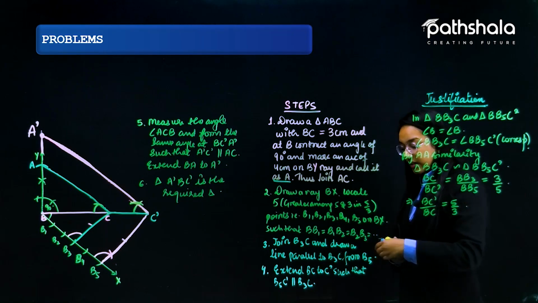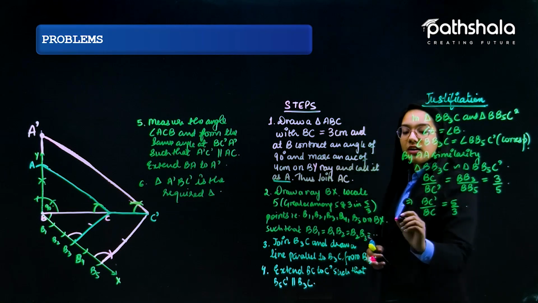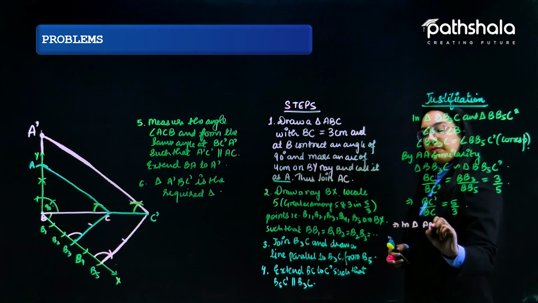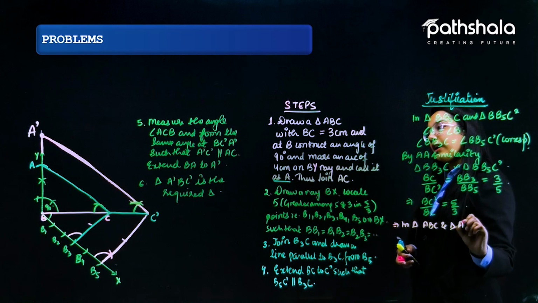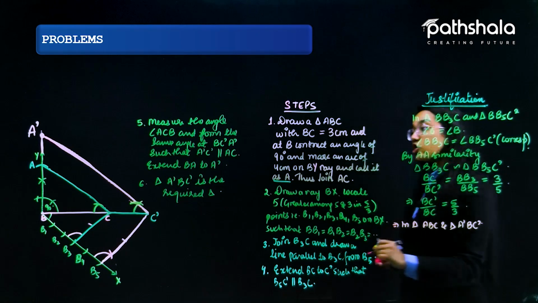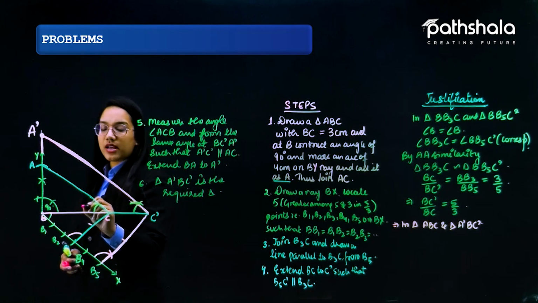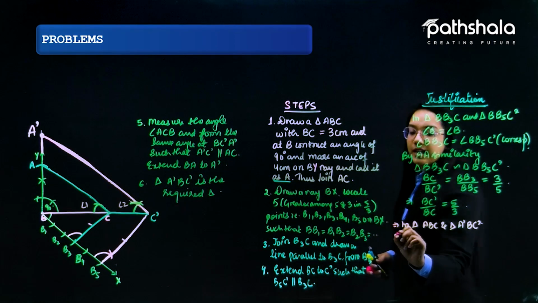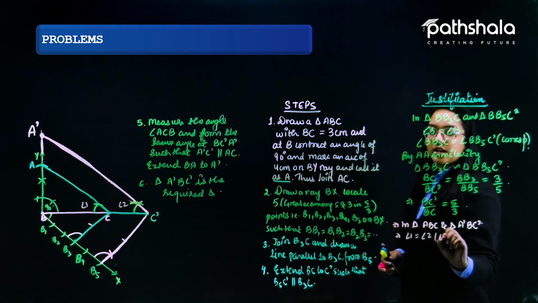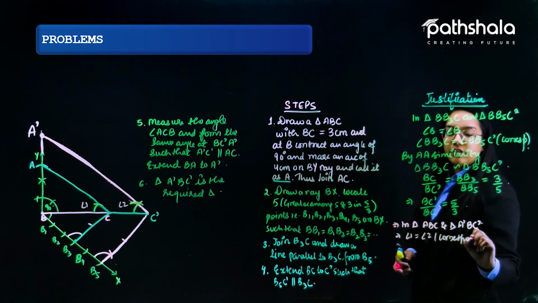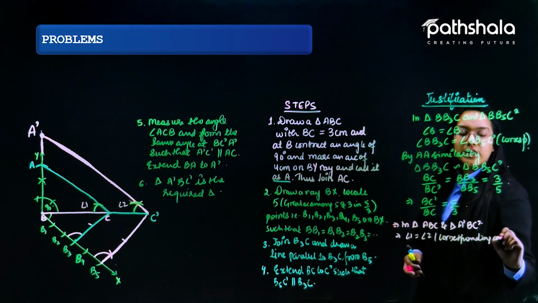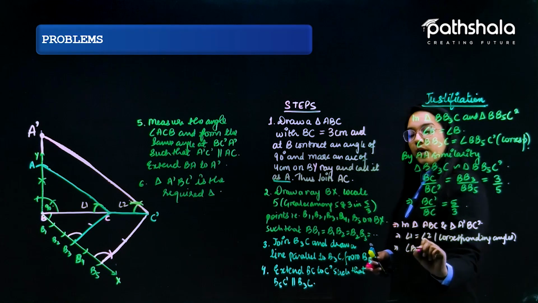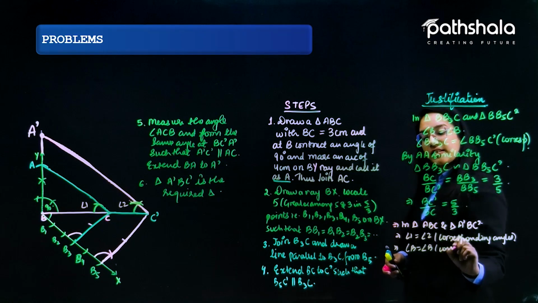Further, in the triangle ABC and triangle A dash BC dash, let us suppose I take this as angle 1 and this as angle 2. The angle 1 is equal to the angle 2 because they are corresponding angles. Further, by construction we have also taken these angles equal to each other, and angle B is common, that is 90 degrees.